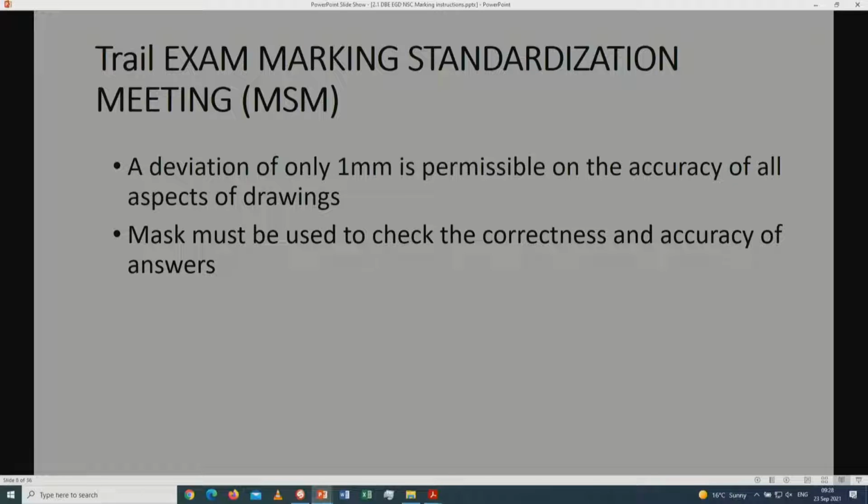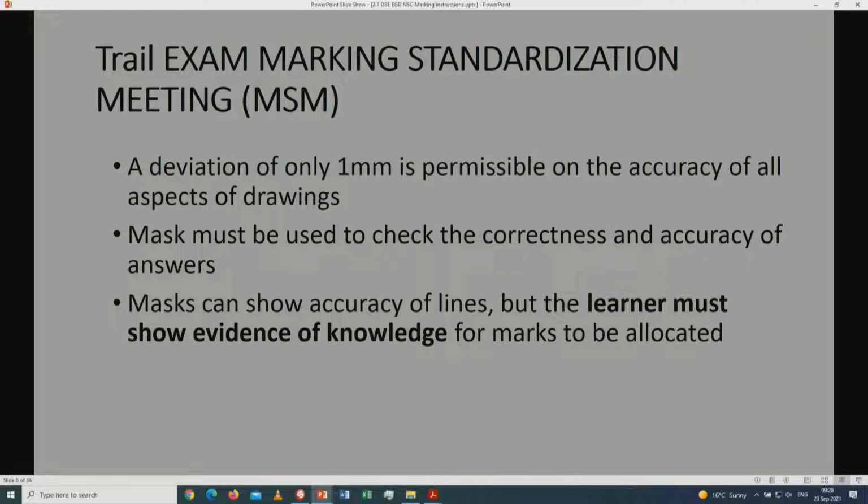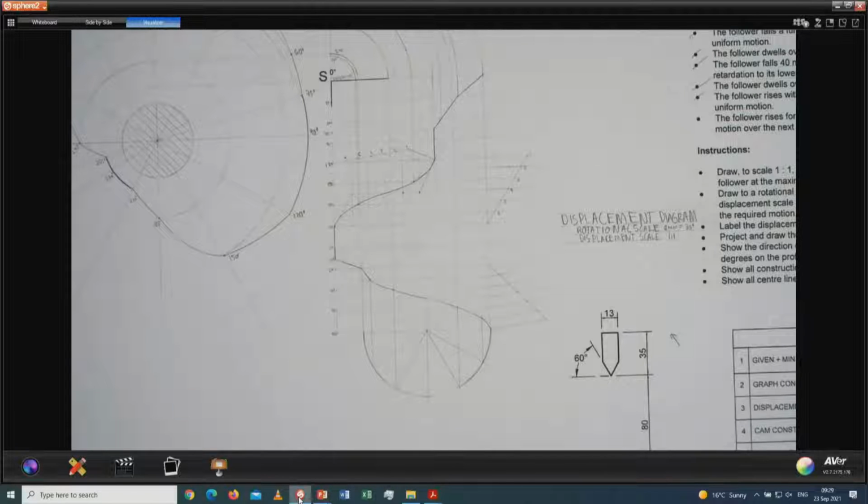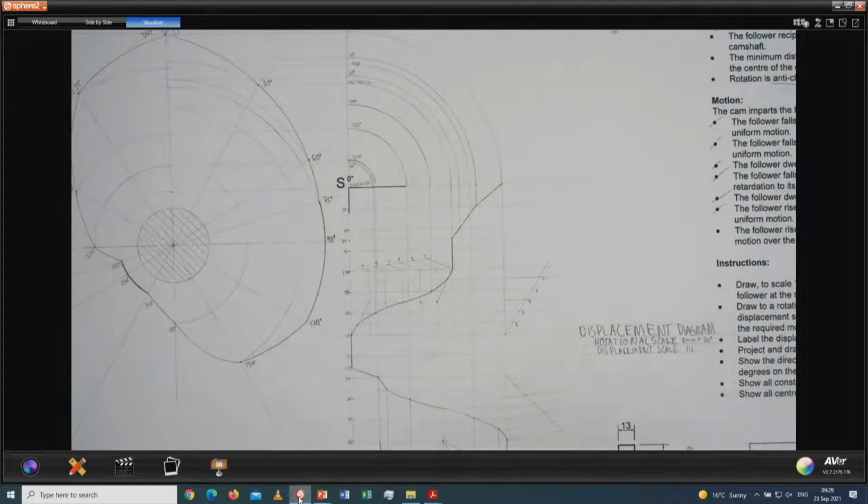The correctness and accuracy is, of course, of the most important aspects that we're pointing out here. And then also, the learner must show evidence of knowledge. All right, so that is very important. Does the learner show evidence of knowledge? Does it show the knowledge? Now, I will explain that to you again with this paper where this displacement graph was drawn on an angle, and we can sort things out in terms of that when we get to this question.